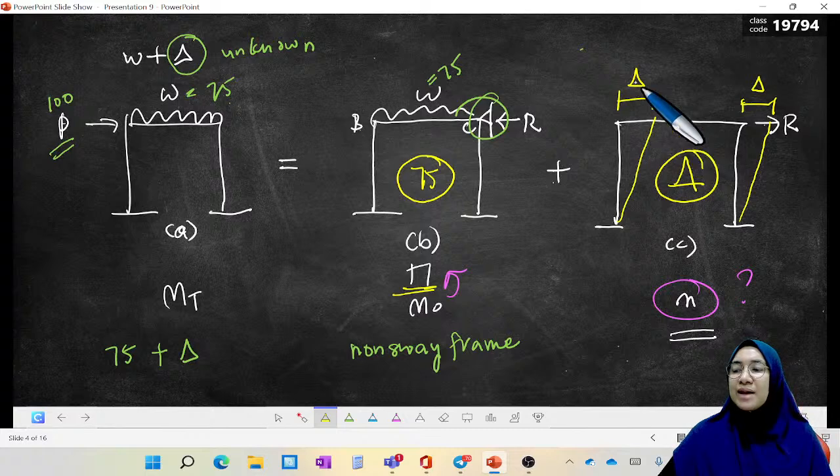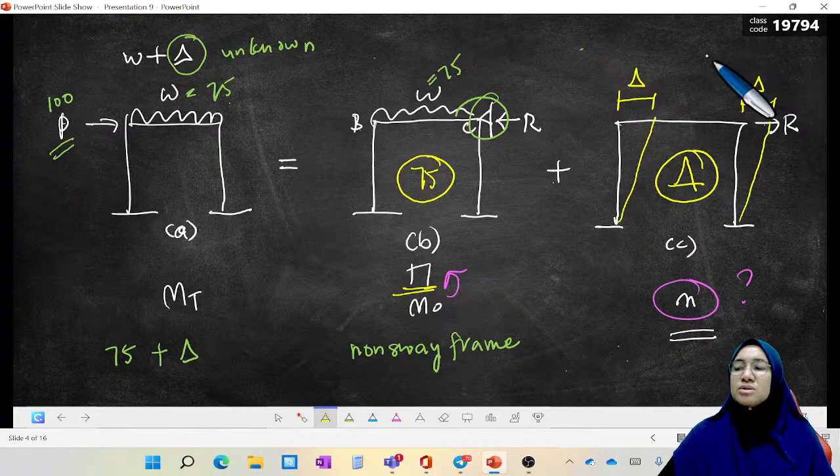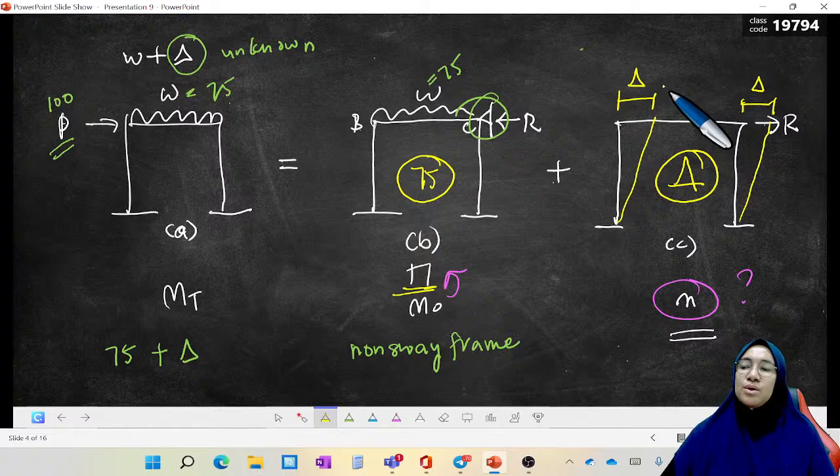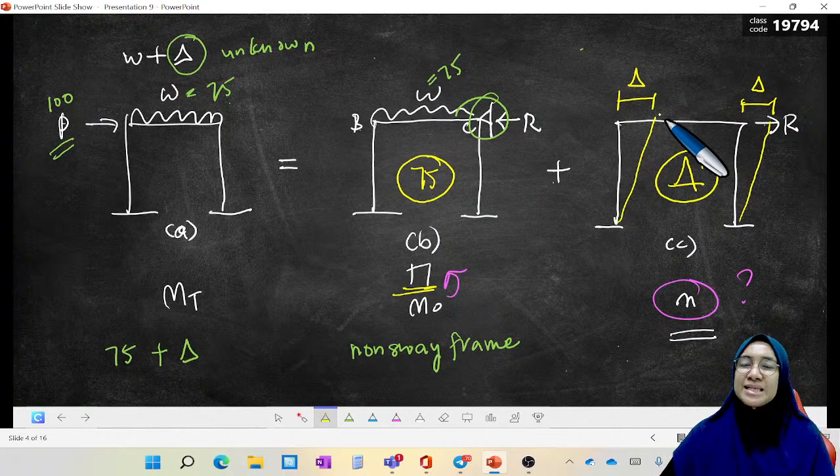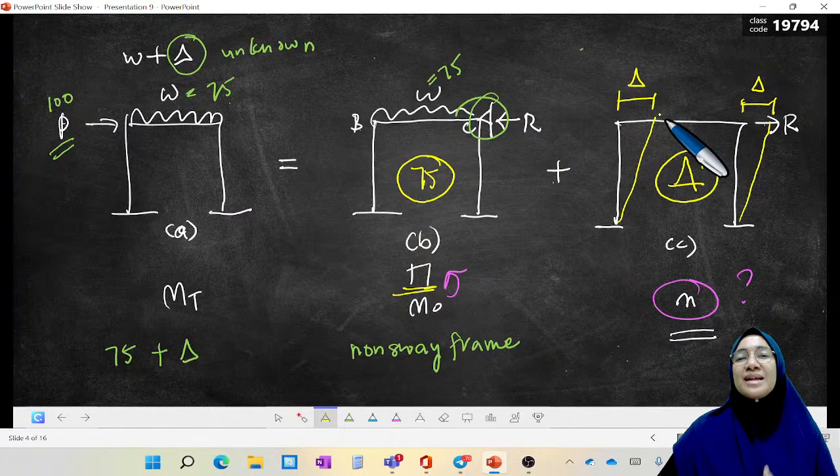The delta value here is the actual value that we cannot assume. So directly we cannot analyze this frame. What we can do is analyze it indirectly.